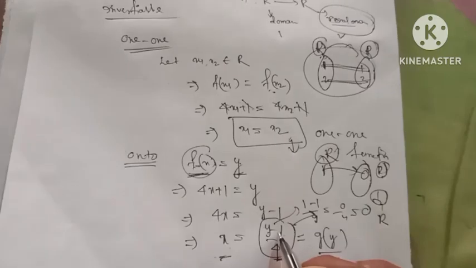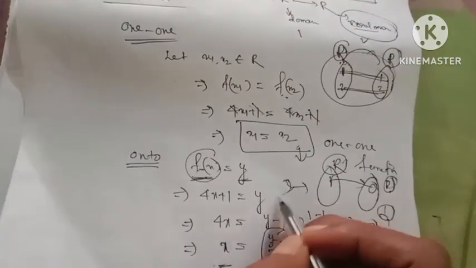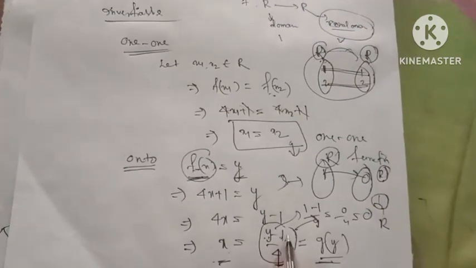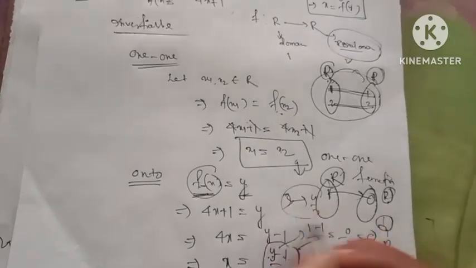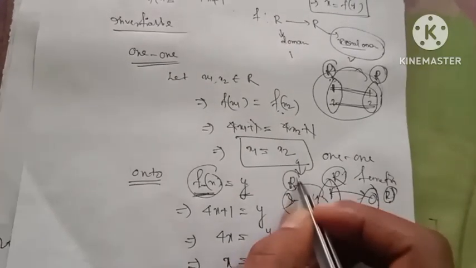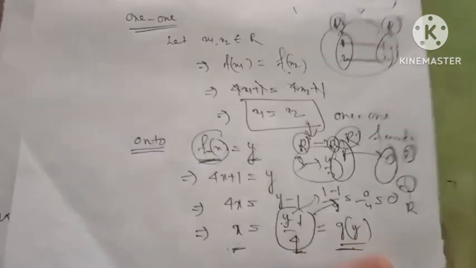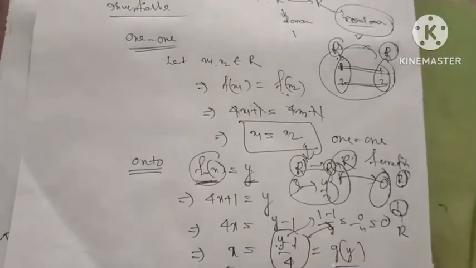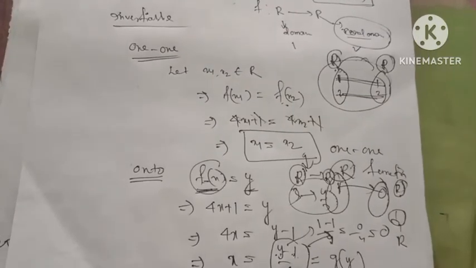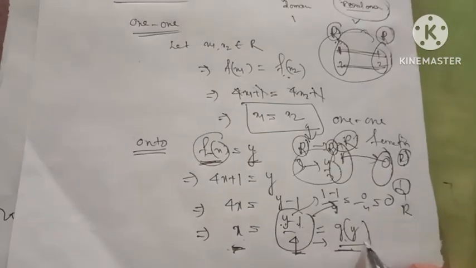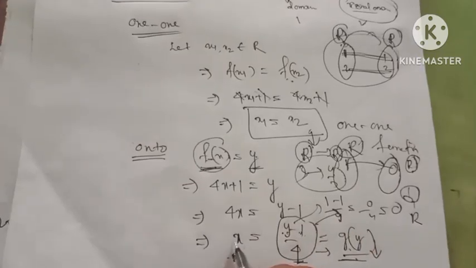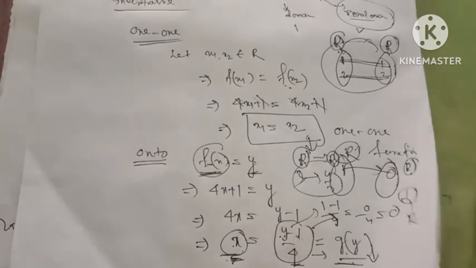If you put 3, then 3 minus 1 over 4 gives 2 by 4. If you put the domain, then you will get the codomain. So then x equal to g of y, another function.